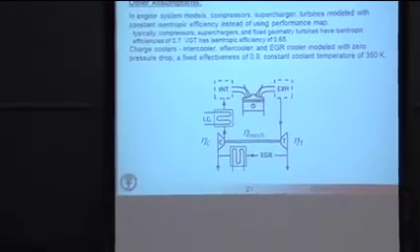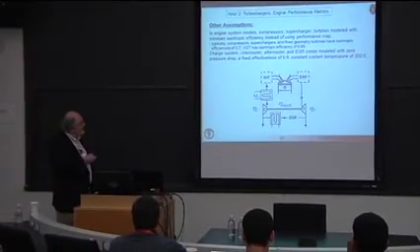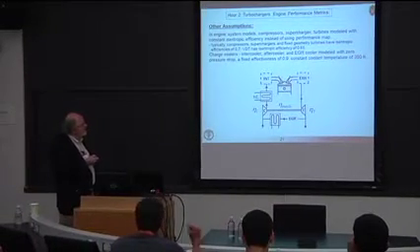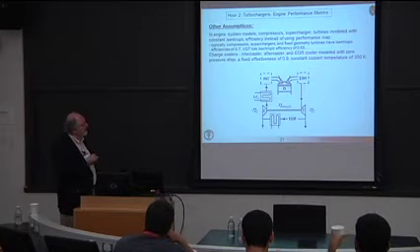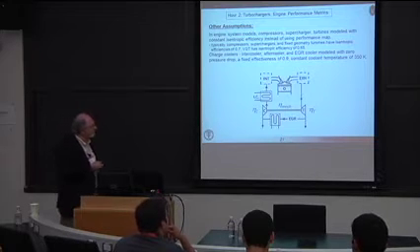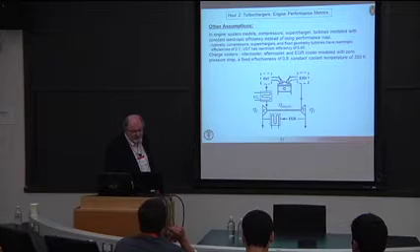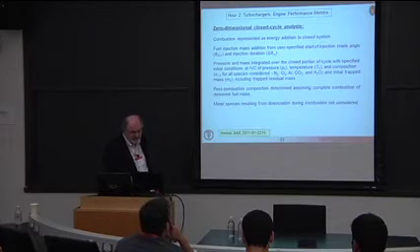So those are all things that have to be accounted for when one's looking at a system like this. The charge coolers, the intercooler, aftercoolers, EGR coolers, they have certain effectivenesses which again enter into the system simulation and need to be accounted for, or tuned, if you like, in models.